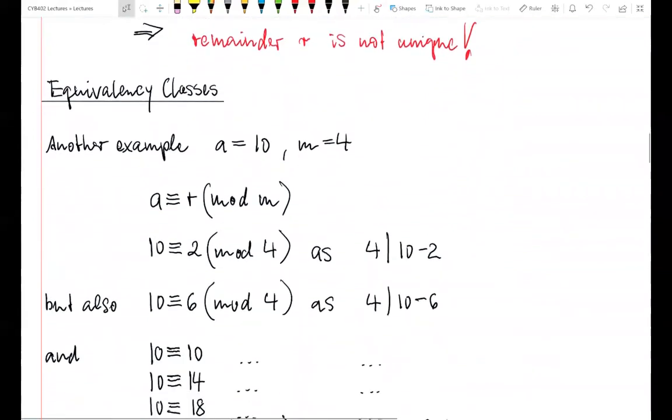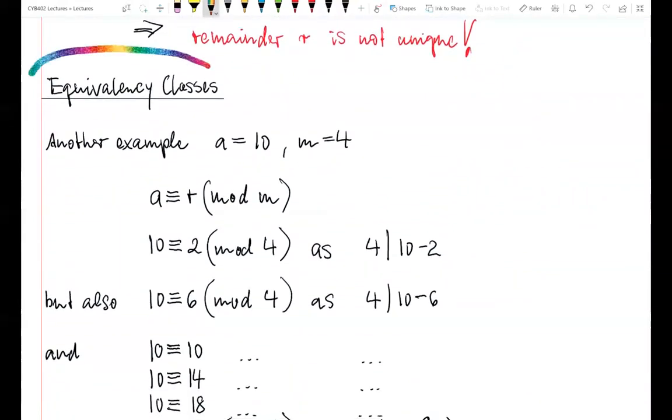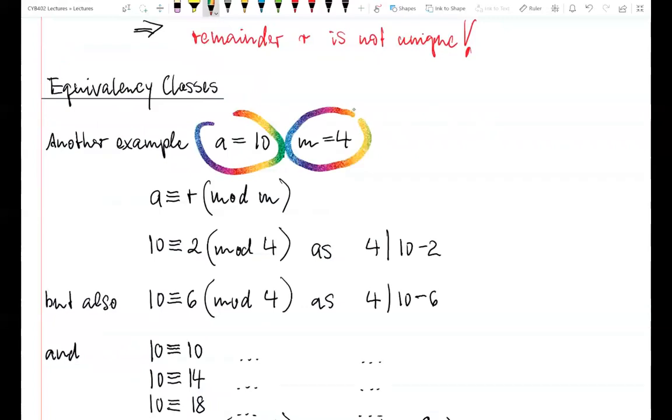And this is actually how equivalence classes are defined. So let's look at an example. Let's assume that A is 10 and our modulus is 4.